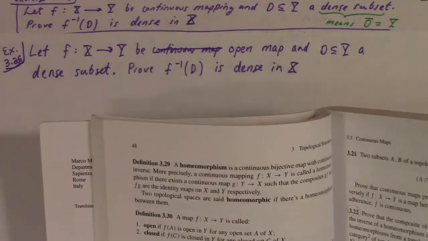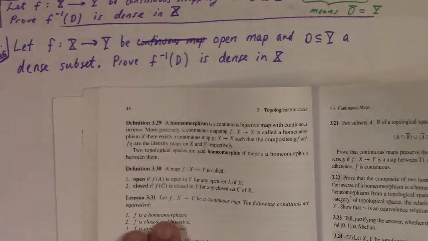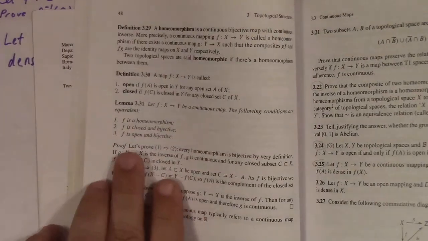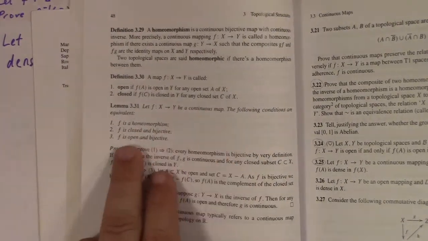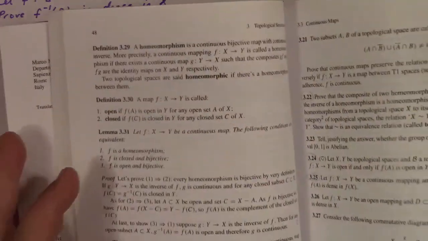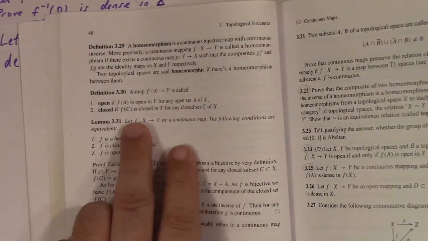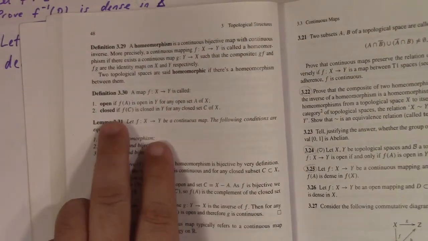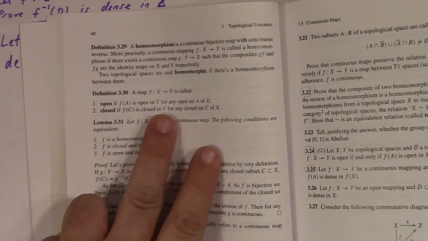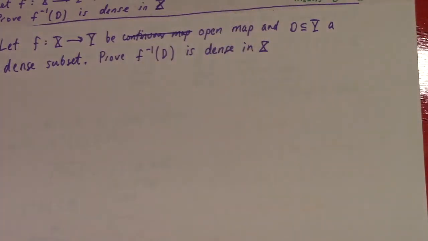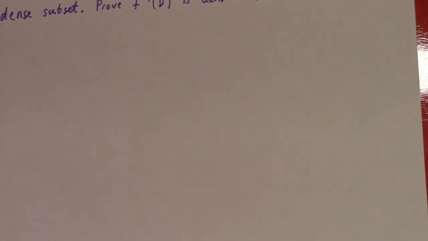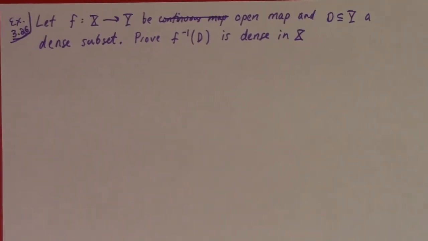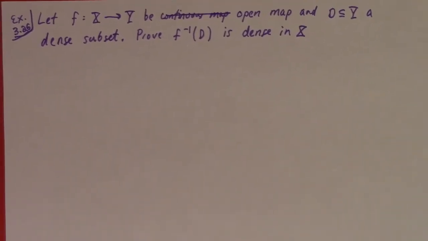I mean, in Lemma 3.31, we've assumed that it's a continuous map here, and then we've worked in that context, but his definition just has a function. He doesn't assume that the function is continuous. Open just means open sets map to open sets. I guess in principle it's possible to have a map which is open and yet not continuous.